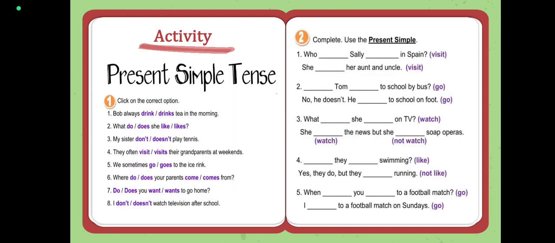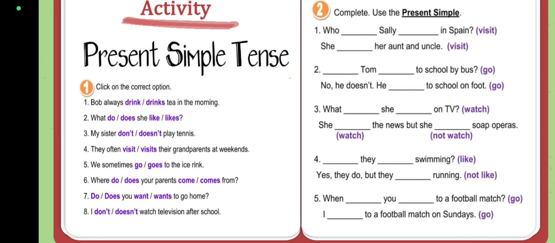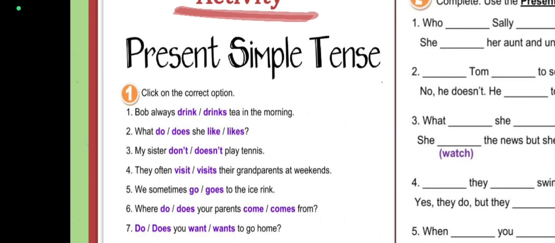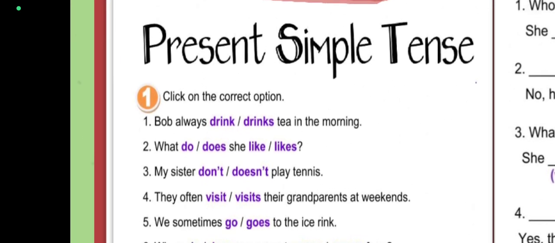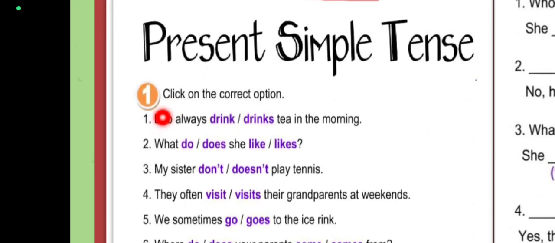Yes. Awesome. Now here we have some sentences. So here you will need to choose the right form of the verb. So remember you have to be careful with the noun. If it is he, she, or it, you need to add an s.